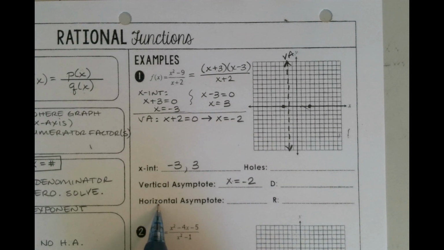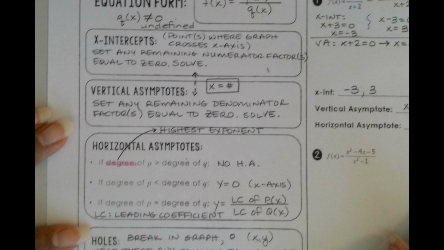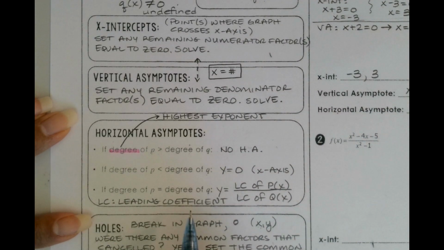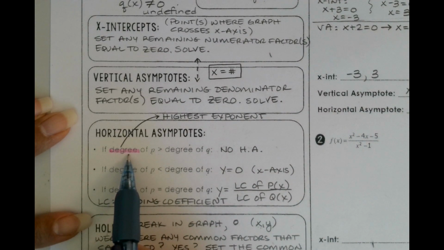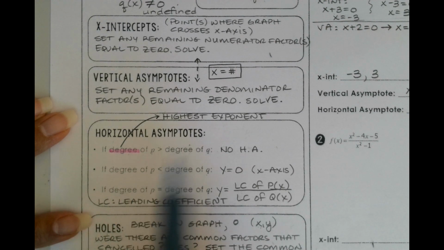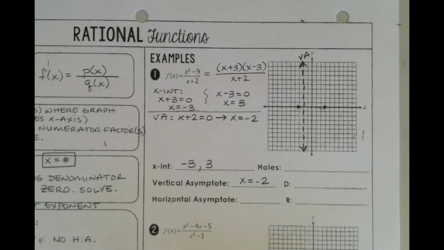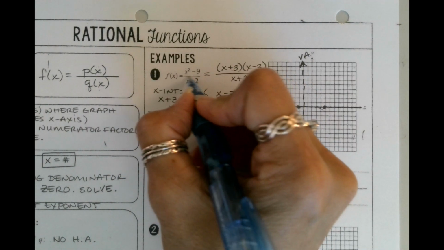Horizontal asymptote, reminder what that entails. Horizontal asymptote tells us to go look for the degree of the polynomial both in the numerator and the denominator. So let's go do that. Let's compare. The degree, highest exponent, in the numerator was a 2.